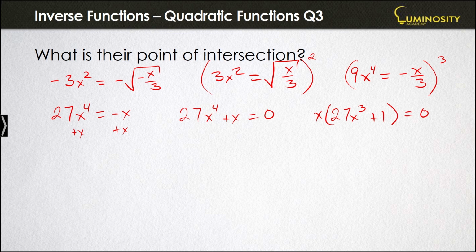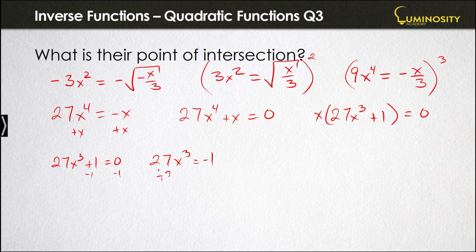So we're going to find out, when does our x equal 0? So we know at one point it's going to be 0, because 0 times this entire quantity is going to give you 0. But what about the inside? So for that, we're going to say 27x cubed plus 1 equals 0. So we'll have 27x cubed equals negative 1.